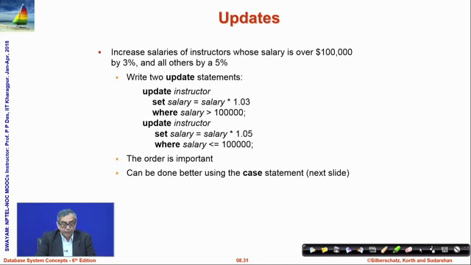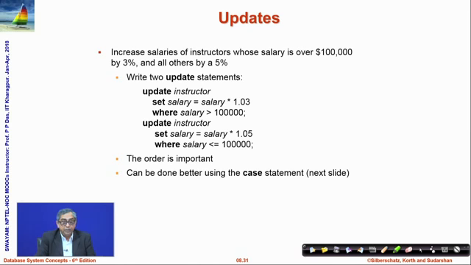Updates can be done based on particular values. So, you can update a table, which means you could update the values of specific fields. Here, in the first case, we are trying to give a 3% salary raise for salaries which are more than 100,000 and a 5% raise for salaries which are less than or equal to 100,000.